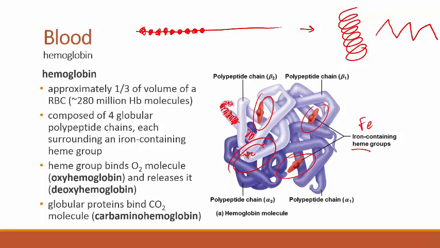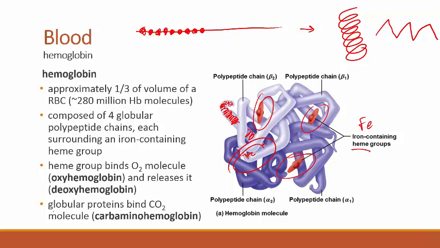So in our lungs we pick up oxygen at the heme group, and then out at the body tissues we release the oxygen. When we bind oxygen, it's called oxyhemoglobin. As we release oxygen, it's called deoxyhemoglobin.